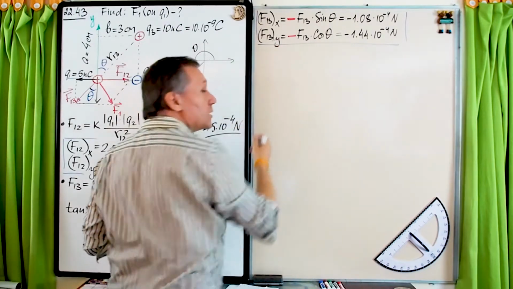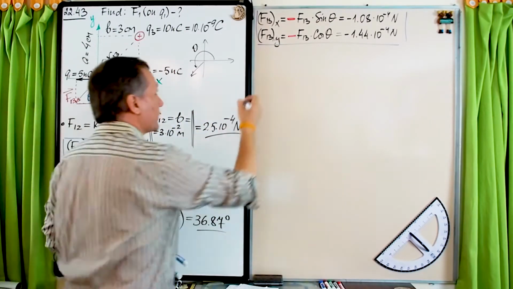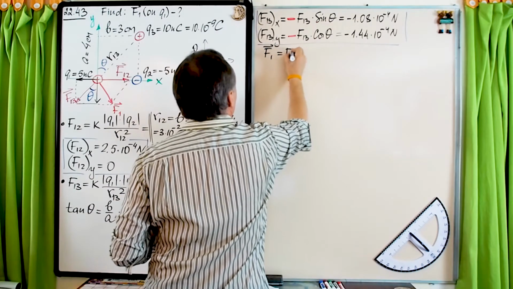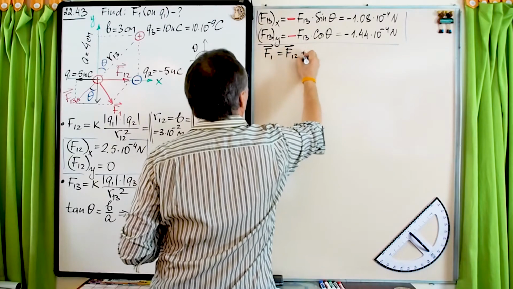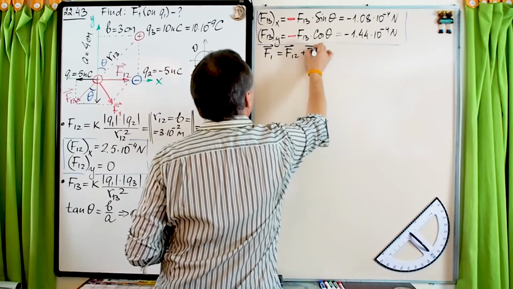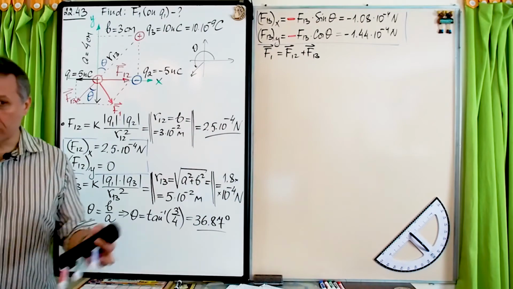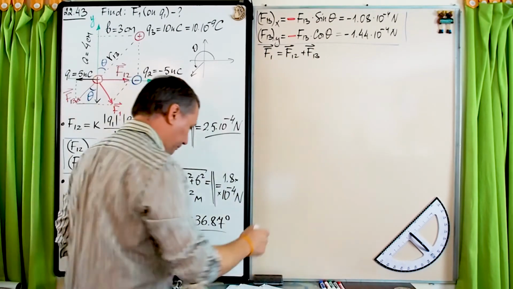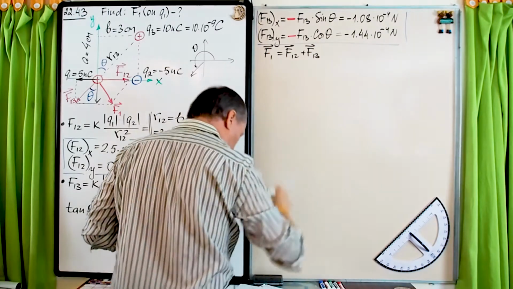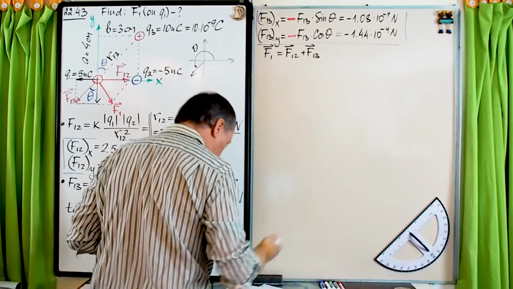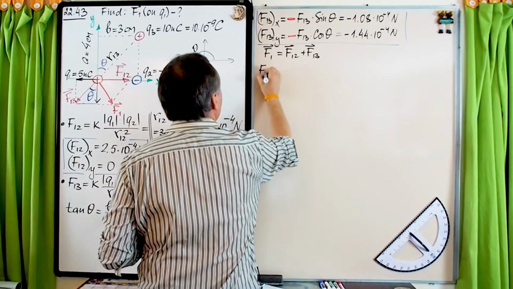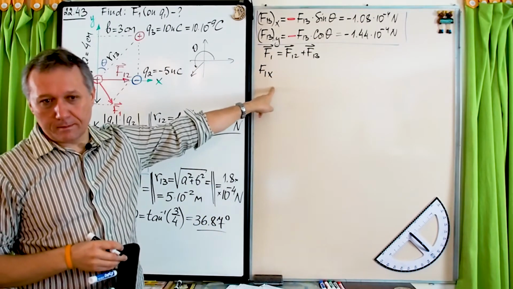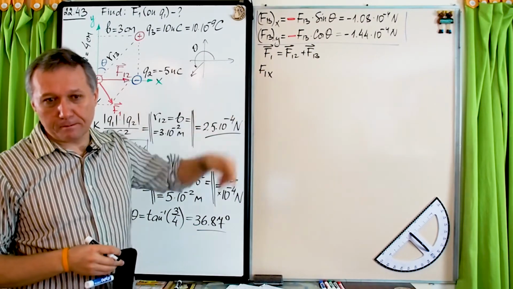So now the principle of superposition. In vector form it will be just F12 plus F13, but in components we add x components and y components separately. Which one I do first doesn't matter. Let's find x, the x component of vector F1.